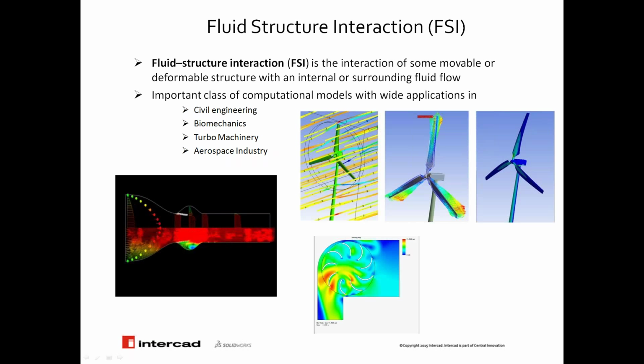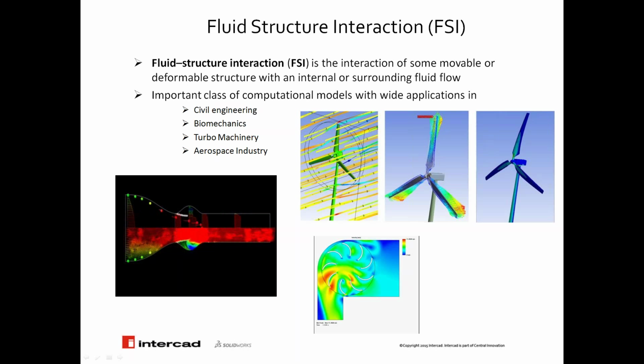FSI is basically the interaction of some movable or deformable structure with an internal or surrounding fluid flow. Everybody on Earth is submerged in a fluid called air, and within the human body we have enclosures, which are our arteries, veins, and everything. There is a high interaction between the blood and the structure of the artery.